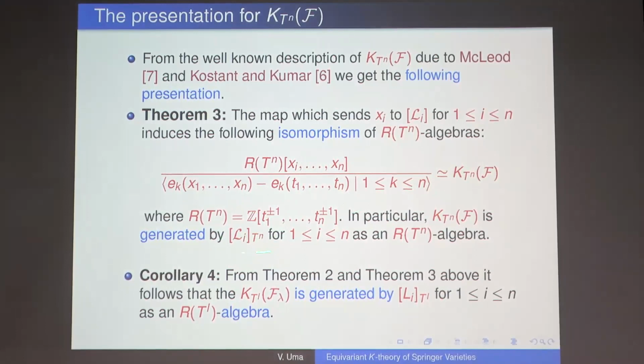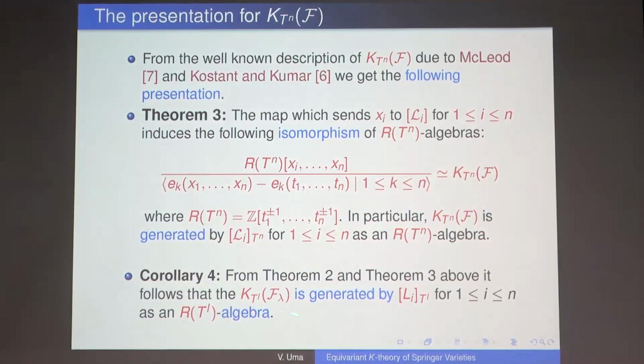These are the tautological line bundles. And RTN has this Laurent polynomial ring description, where T1 up to Tn denote the first up to nth projections, those characters. So it is generated by that. And this can be shown from the descriptions due to McLeod and Kostant and Kumar.